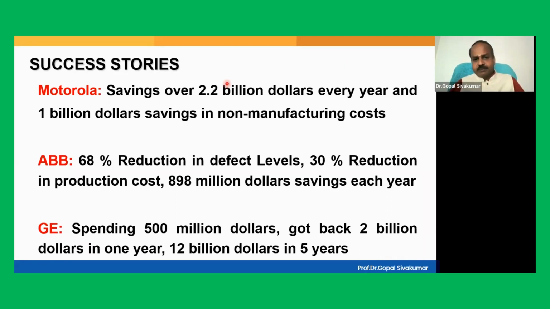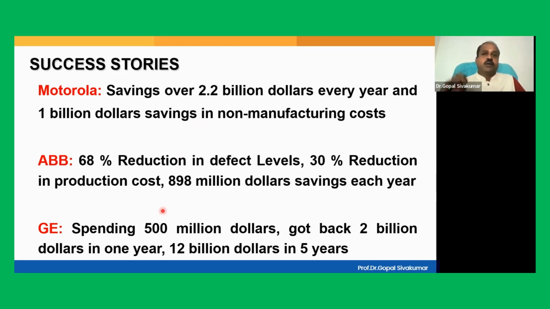So ABB: 68% reduction in the defect level, 30% reduction in the production cost, $898 million saving every year, while spending $500 million because Six Sigma implementation is a little costlier. You need infrastructure, mainly in the form of Six Sigma belts.